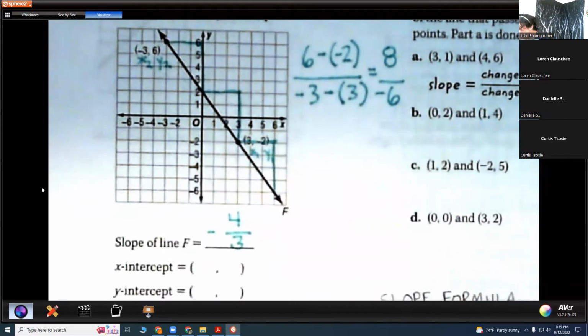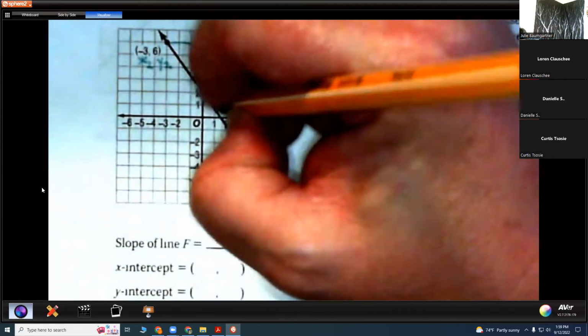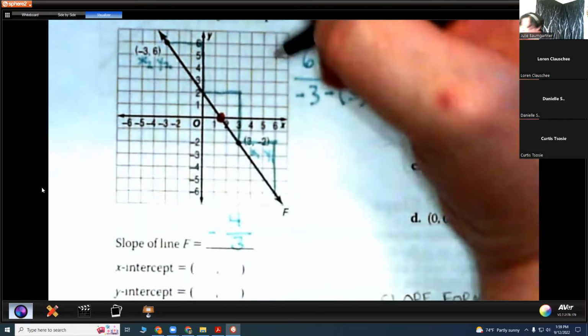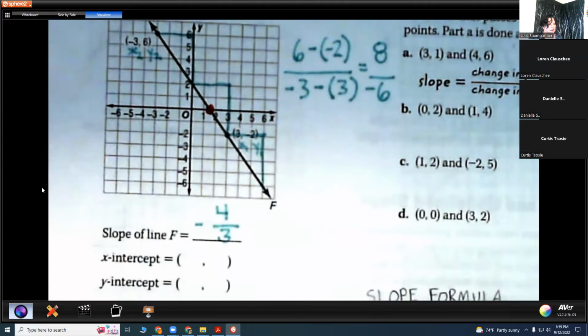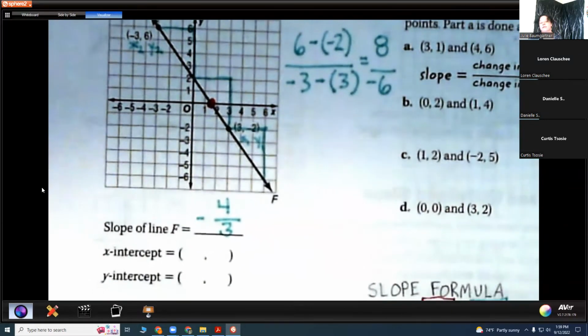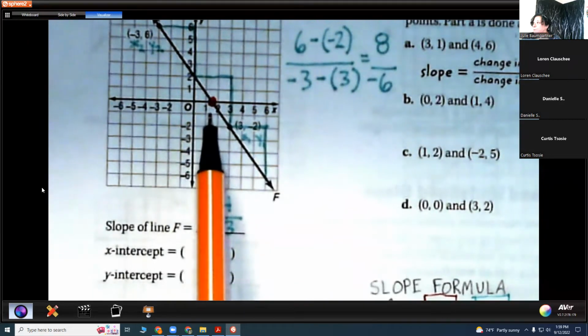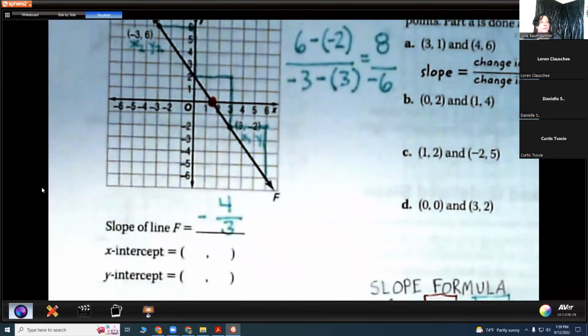What did you guys say is the x-intercept? What does x equal? What's between 1 and 2?